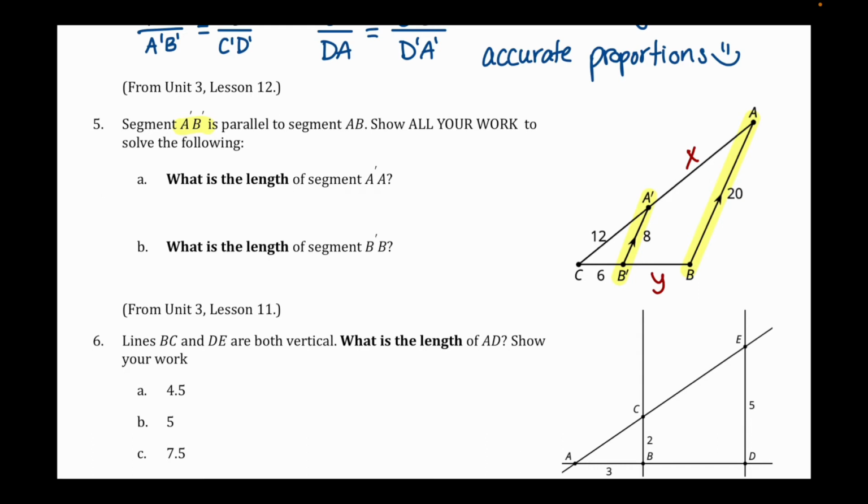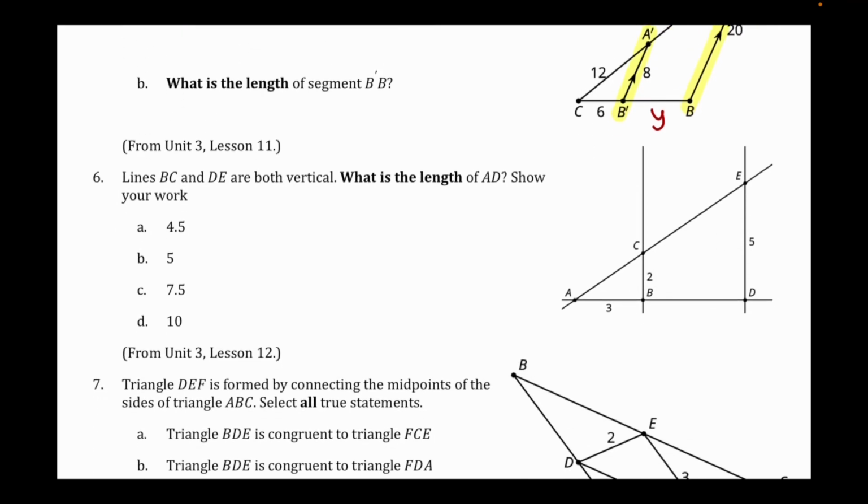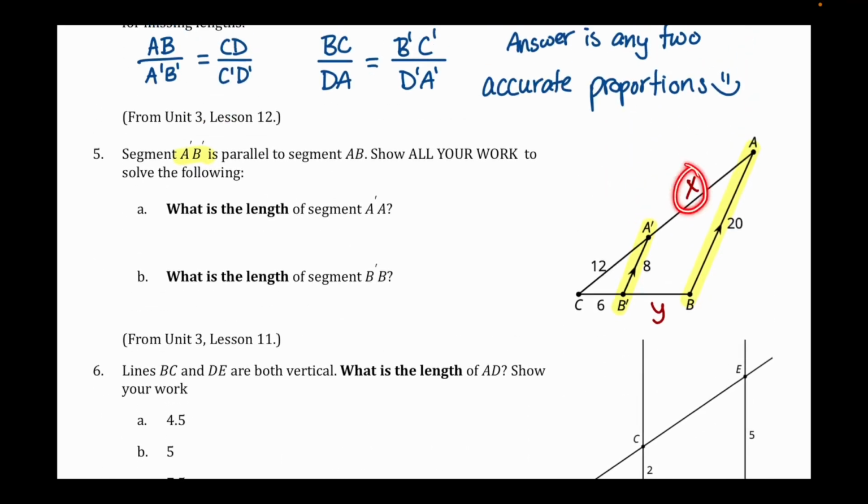So the only proportion I have to start with is going to be 8 and 20. But that's not going to help me just get X. So I can't just compare X to 12, even though X has 12 on the same side with it.